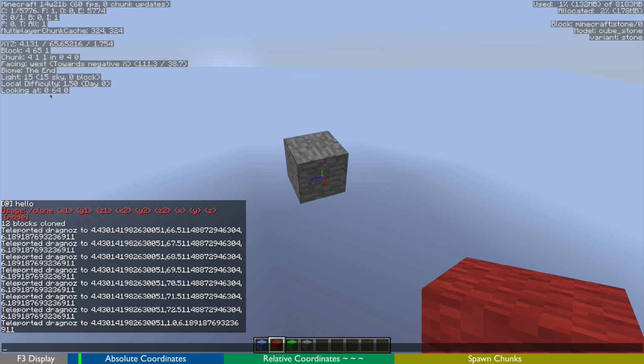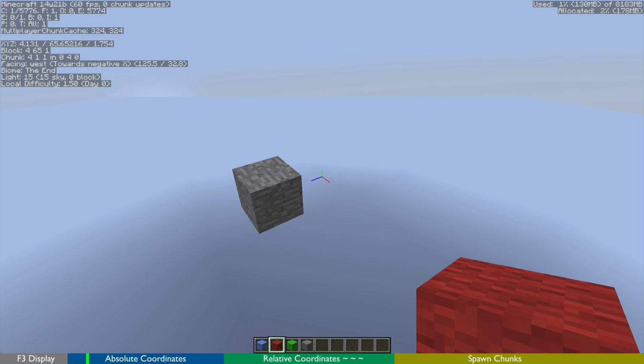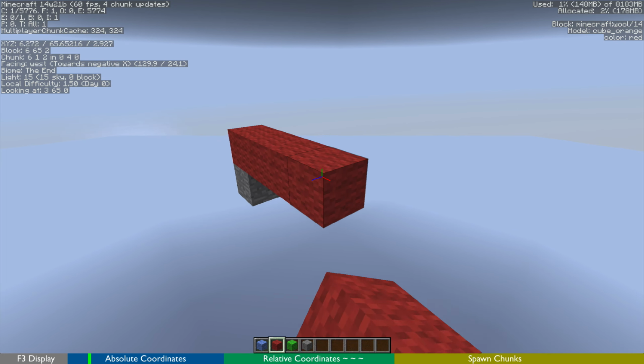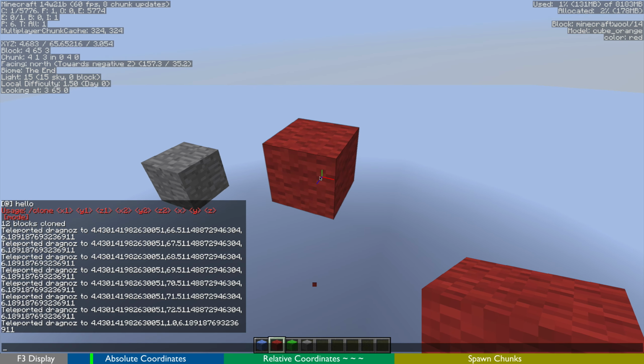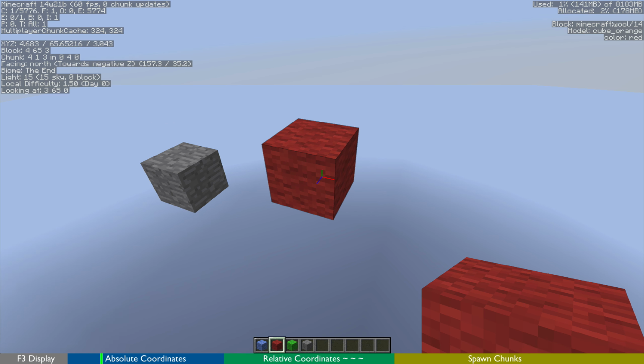If I reference those coordinates from anywhere in the world, I will be able to target this exact block. If the block was, for example, over here, I would be looking at x equals 3, y equals 65, and z equals 0.